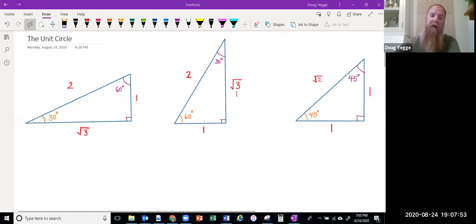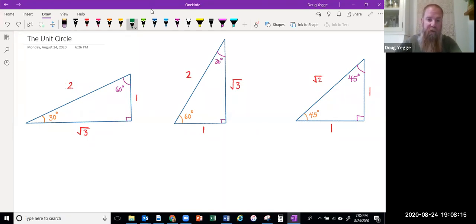Now we're going to do something kind of interesting here in order to turn all of the hypotenuses into a length of 1. Right now, if this is a length of 2 and I want it to be a length of 1, then I need to shrink that triangle to a similar triangle, same angles, but half as large.